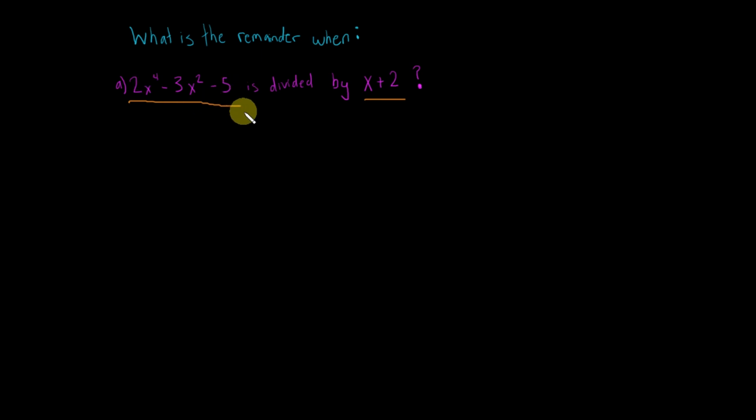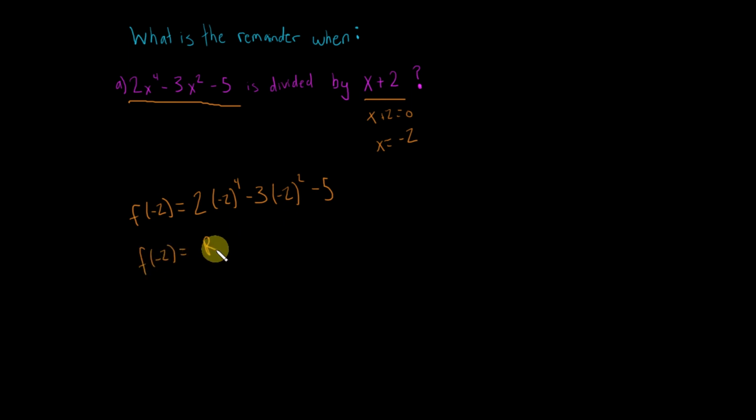So for this, x plus 2, if we equal that to 0, x will be equal to negative 2. So if we do f of negative 2, then that will be 2 times negative 2 cubed, to the power of 4, minus 3 times negative 2 squared, minus 5. F of negative 2 will equal the remainder.